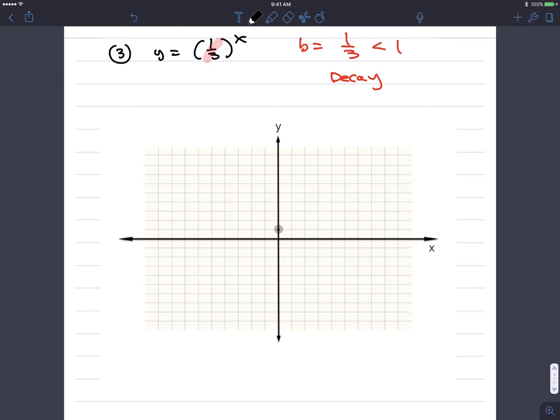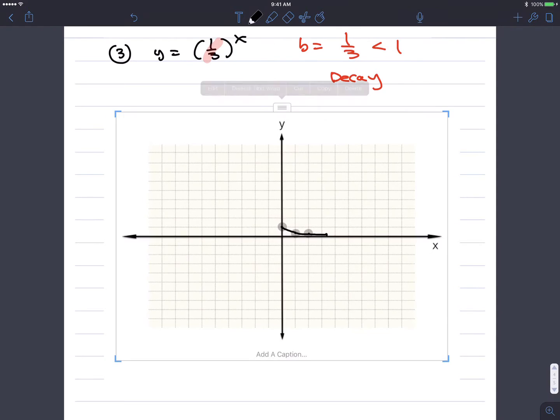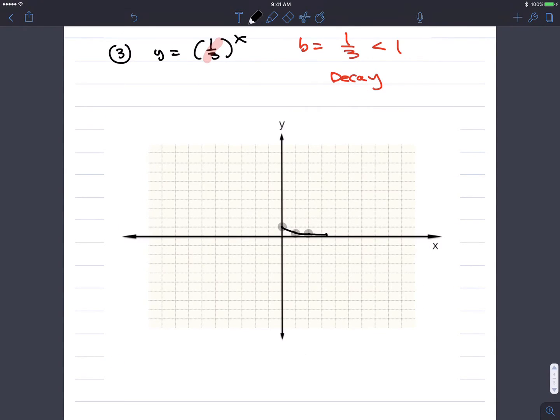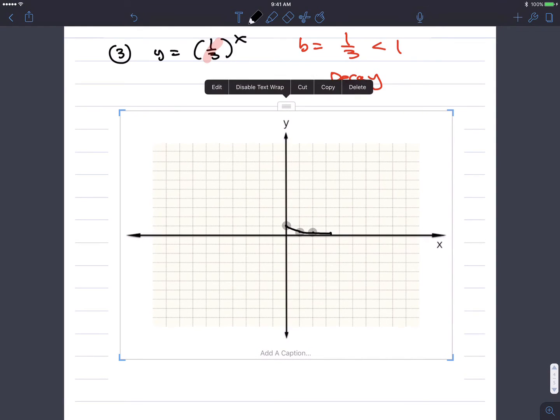Now when x is 1, y is 1/3. So the further away we go, the closer we get to the x-axis. So we're going to start to draw this decay curve. Goes on forever. Okay, it gets closer to the x-axis.